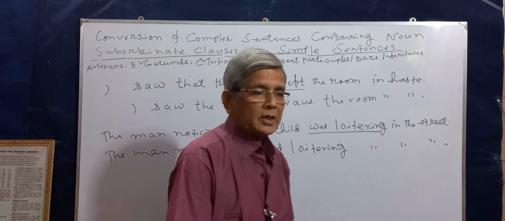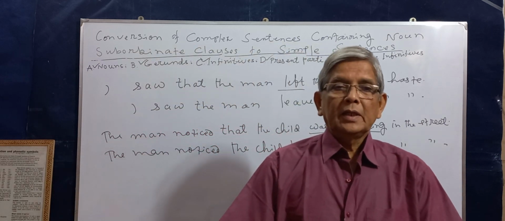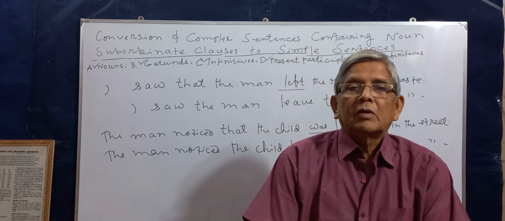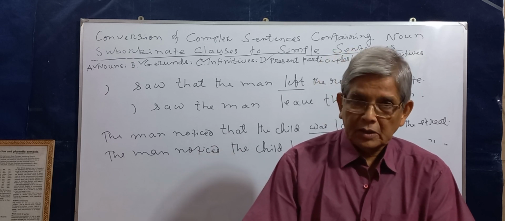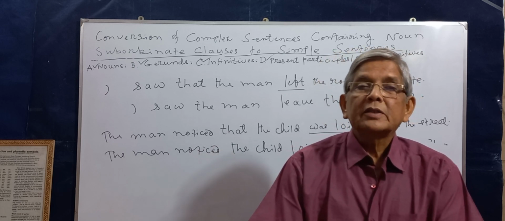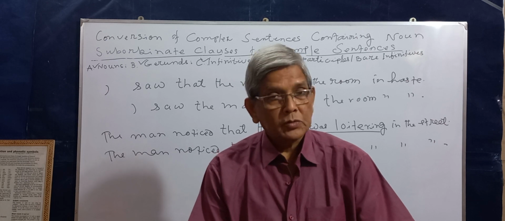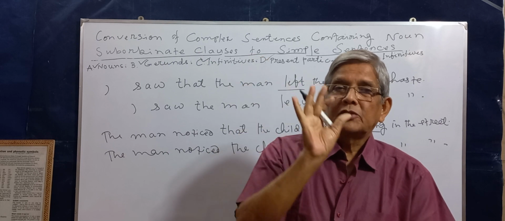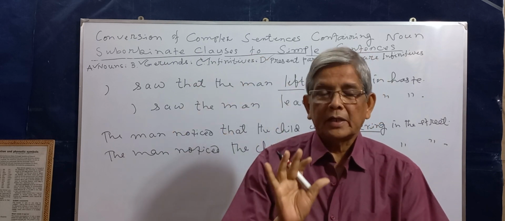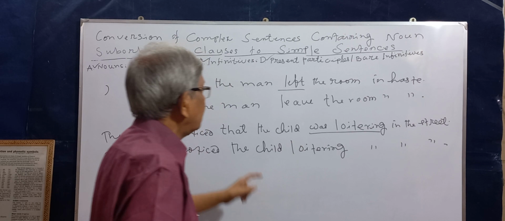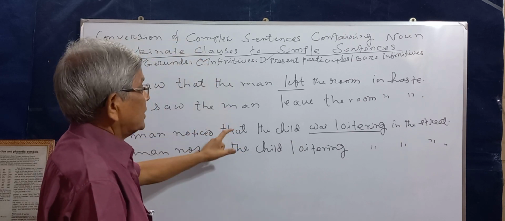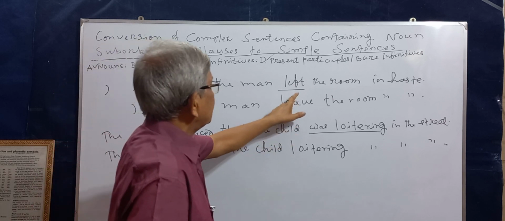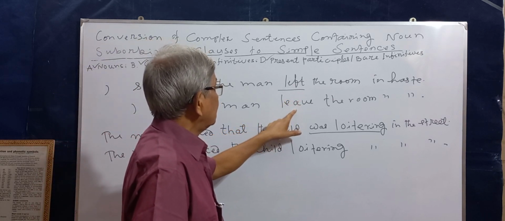Now, in case of short actions, if you are sure that the action of the verb in the subordinate clause is a short one, you can use the base form even though the clause is in the continuous tense. I feel something creep on my back is also correct. I hear someone shout over there. I smell something burn over there. All are correct. But while transforming complex sentences in this pattern, we should stick to the principle that if the verb is in the simple tense, use the base form.